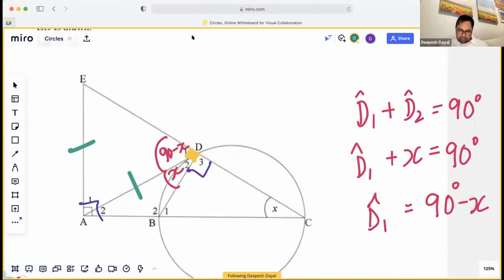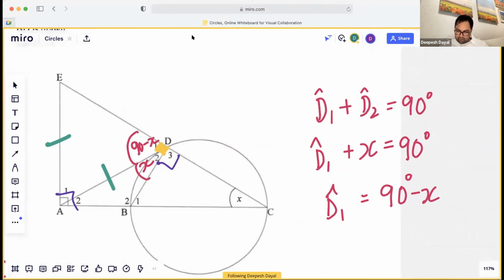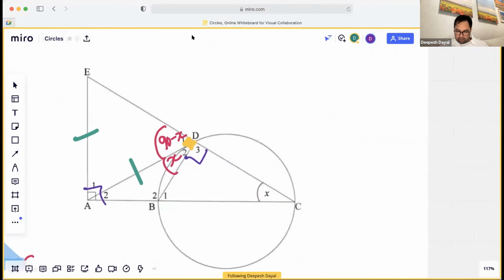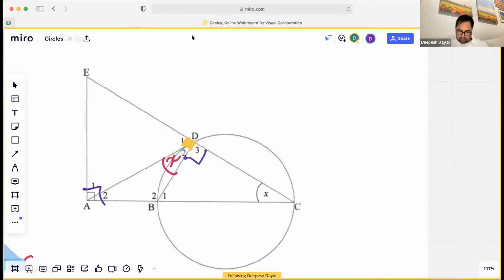Let's do this, but I'll have to erase here because I want to use this side to write down the congruent solution. Okay. So we've got ABD and ACD, right? You can erase this, probably this.